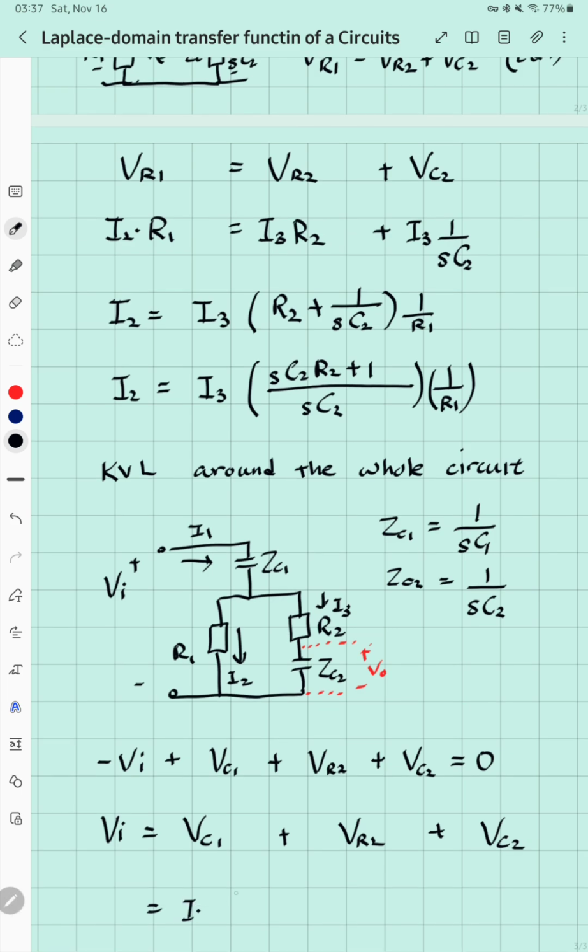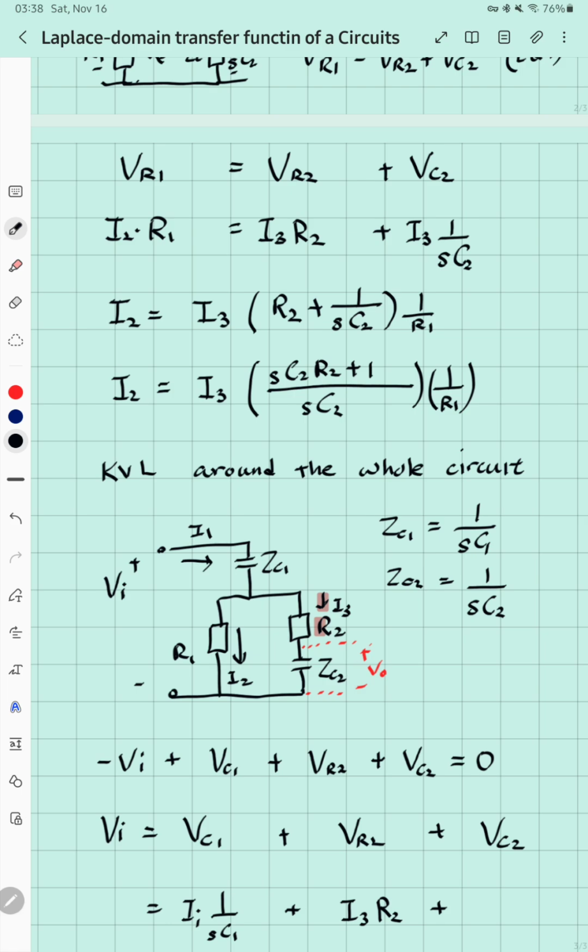I times P equal IR or IZ, and then Z happened to be 1 over SC1 plus R2 is the same. Oh, you have to write down P1. R2 is I3 R2, because right there it's an I3 that's going through the R2, plus what goes through the IC3?